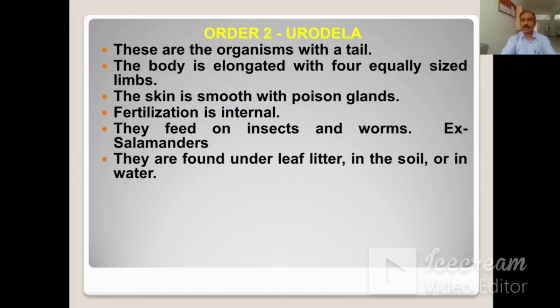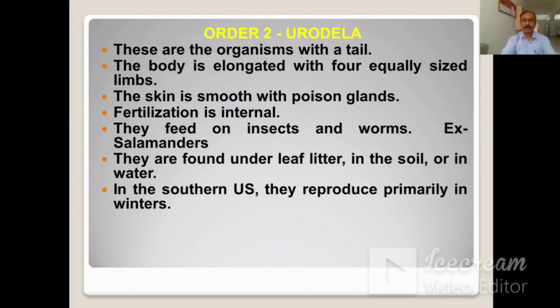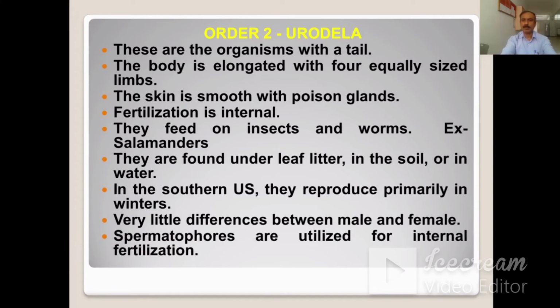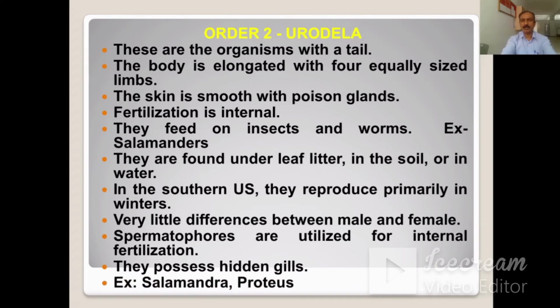They are found under leaf litter in the soil or in the water. In the southern US, they reproduce primarily in the winter season. There is very little difference between male and female. The spermatophores are utilized for internal fertilization. They possess hidden gills. These are the examples, that is Salamandra and Proteus.